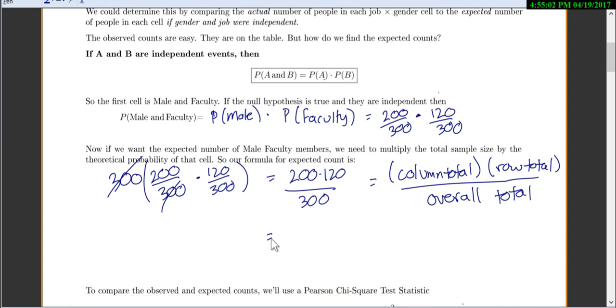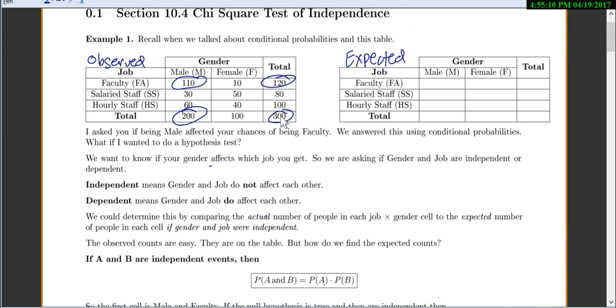So in our case, 200 times 120 divided by 300 means that this expected count was 80. So I can go back up to my table and say we would expect 80 faculty members, but we actually had 120. I could go through and use my formula to find all of these values, which we'll do in a couple pages after we learn a little bit more theory.